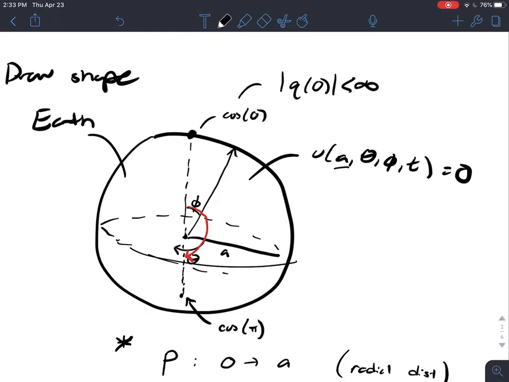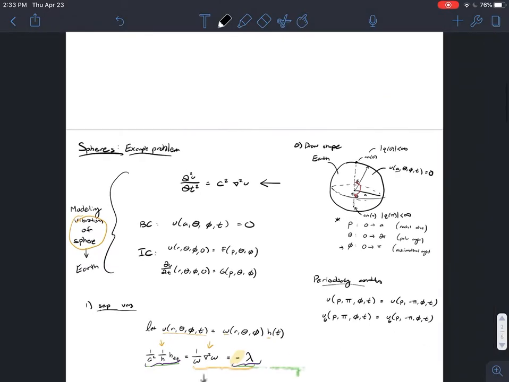So this has to be bounded here, and this also has to be bounded here. The reason for this is there are singularities at the top and bottom points, so we need to make sure that it's bounded. Think about the singularity boundedness condition at the center of the circle, essentially. So these conditions need to be satisfied.